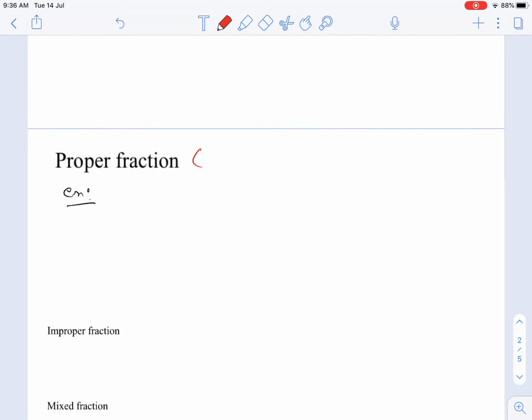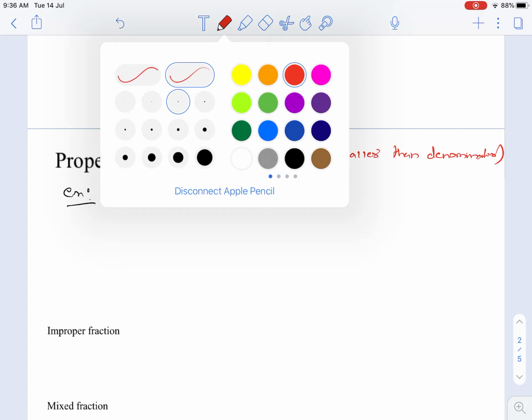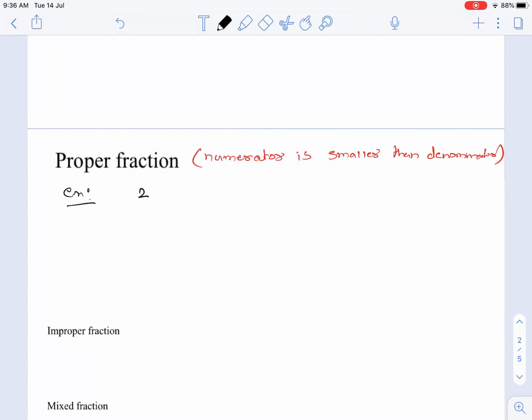What is the condition in a proper fraction? The numerator is smaller than the denominator. For example, 2 upon 3. Here we can see that the numerator is smaller than the denominator, so this is an example of a proper fraction. Let us consider another example, 5 upon 7. Again, the numerator is smaller than the denominator. So these are all examples of proper fractions.